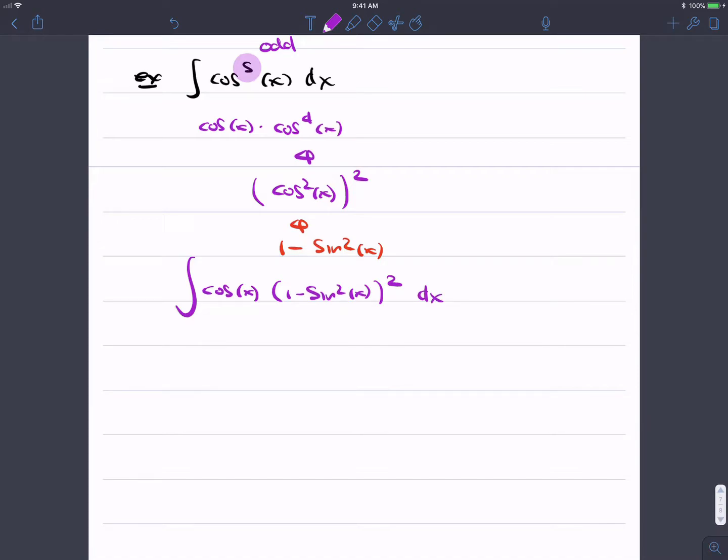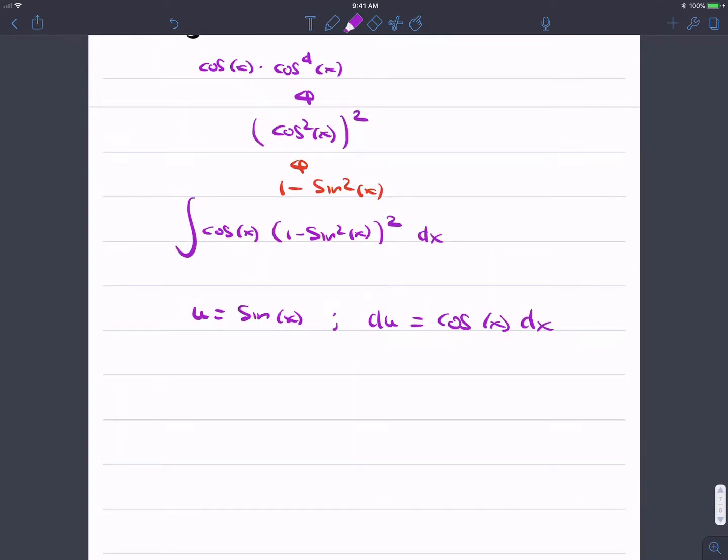Now, as you know, u will be sine. If we let u be sine, that means the derivative of sine is cosine.